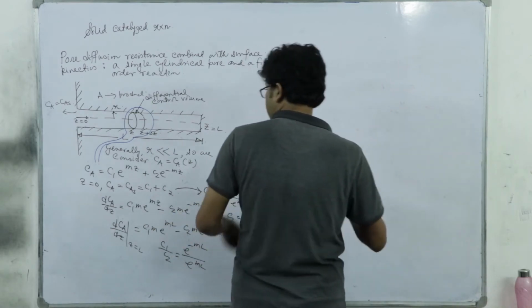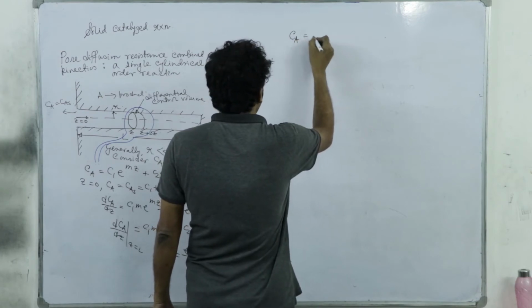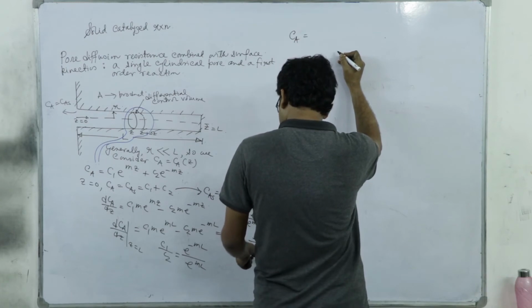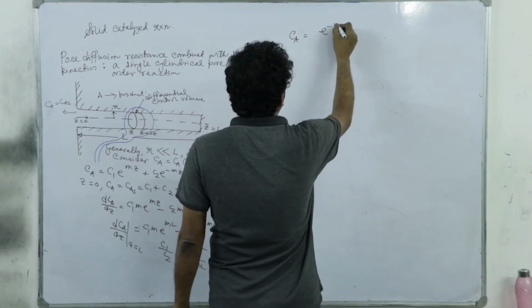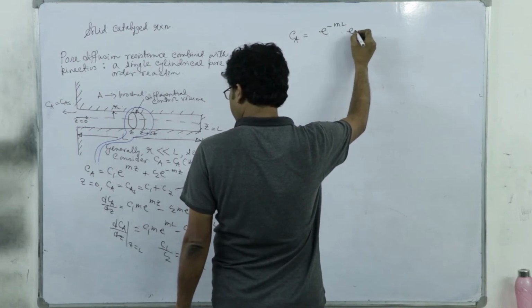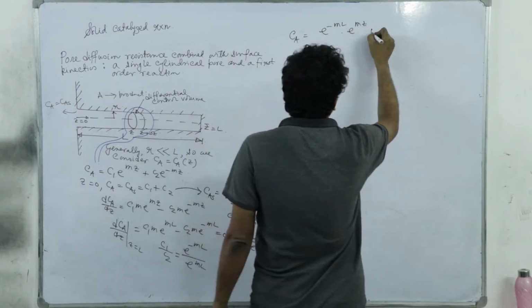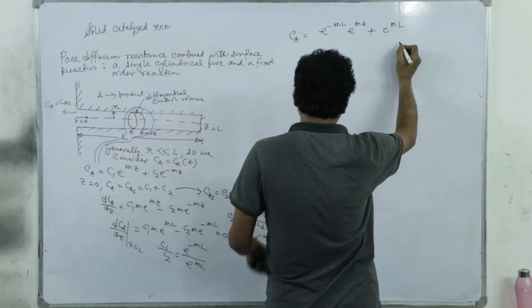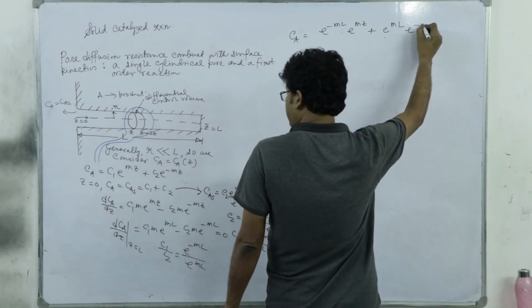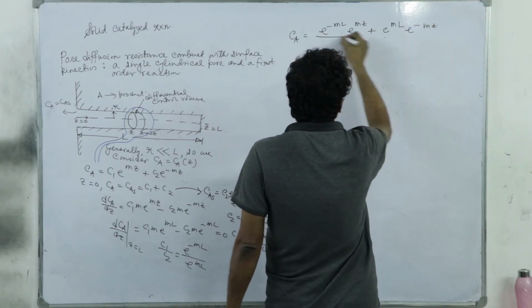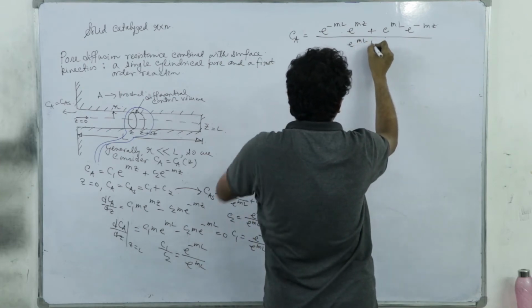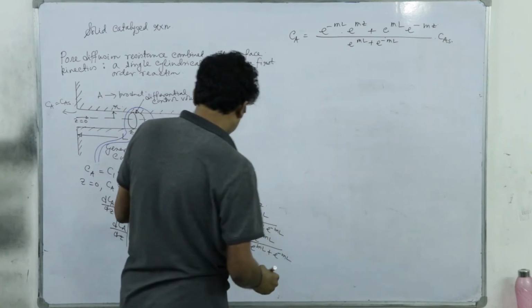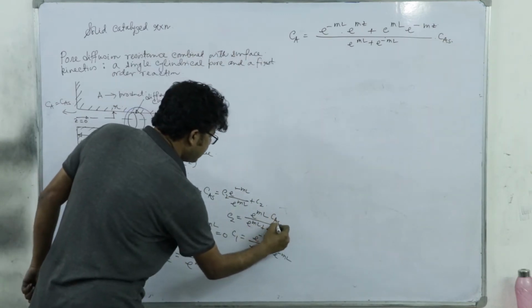that Ca is equal to C1 e to the power minus ml into e to the power mz plus e to the power ml, C2 is e to the power ml, e to the power minus mz, divided by e to the power ml plus e to the power minus ml into CAS. Definitely there will be CAS.